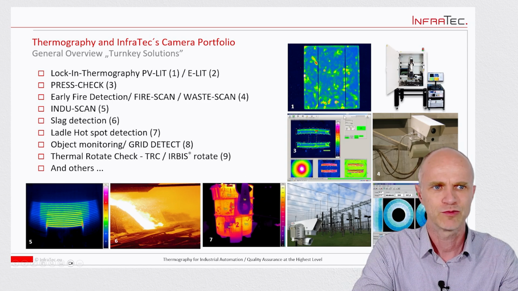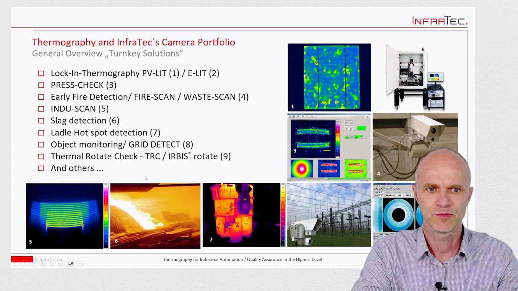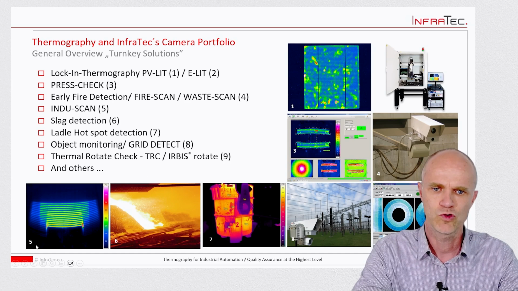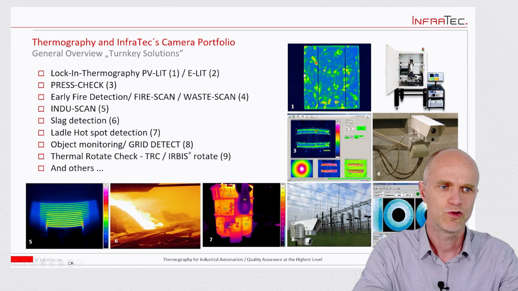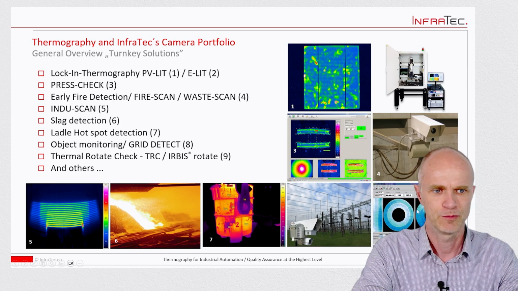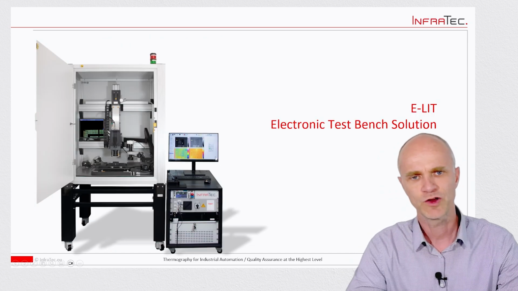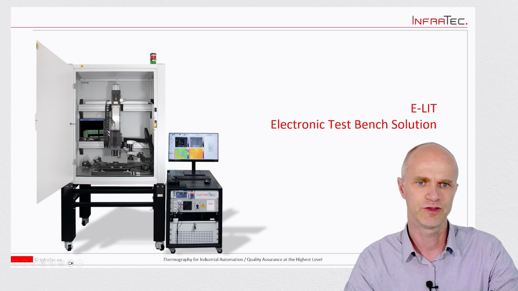It's starting from electronics or PV applications up to hot forming, press hardening process, to early fire detection systems, a lot of automation solutions in the automotive industry, in the steel industry, for example, for slag detection or for little hotspot detection, or in substations for grid detection, or for very high-speed applications like brake disk monitoring.